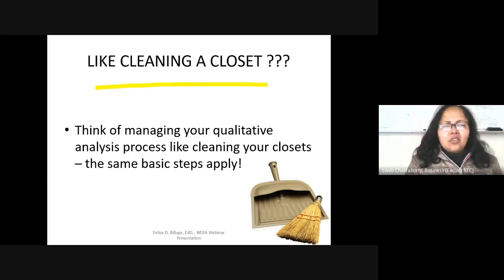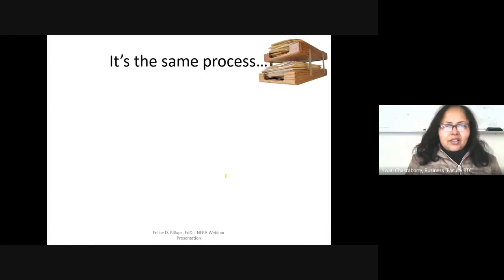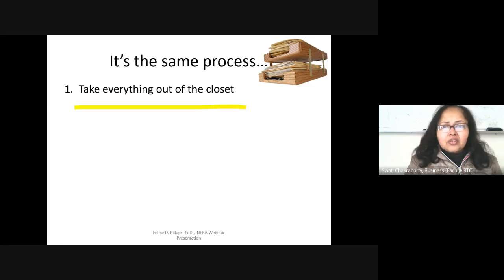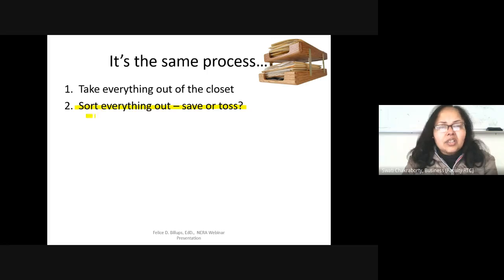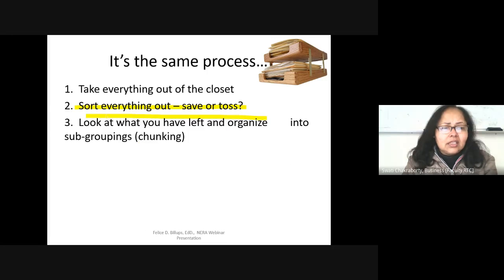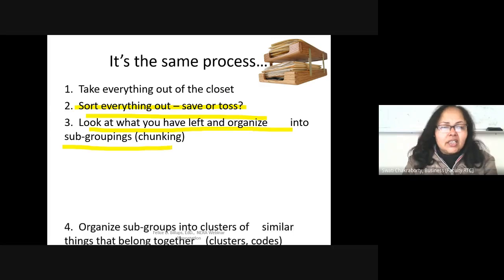It's like cleaning your closet. Imagine your qualitative analysis process like when you have to clean your closet. The same basic steps apply here. Take everything out of the closet. That's the first thing. Then sort out everything, whether you want to save it or throw it out. Then look at what you have left and organize it into subgroupings, which is called chunking.